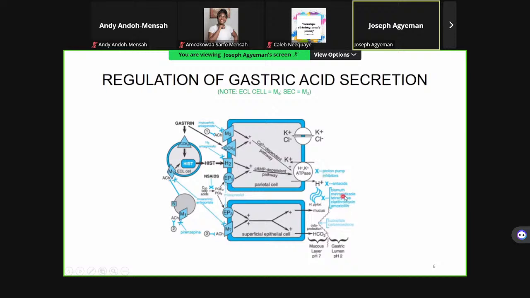You can see some antibiotics here. We are going to talk about it because there is this guy who is found within the antrum of the stomach. It is called H. pylori. It can also cause a lot of inflammation and contribute to ulcer.